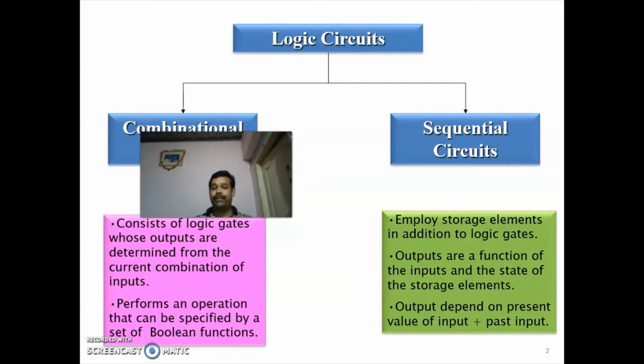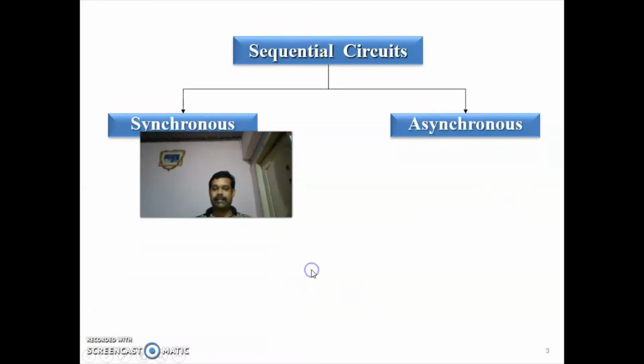That is, the output depends upon the present input and the past input. But in the case of combinational circuit, output depends only on the present input. In sequential circuit, it will be having combinational circuit plus memory elements.